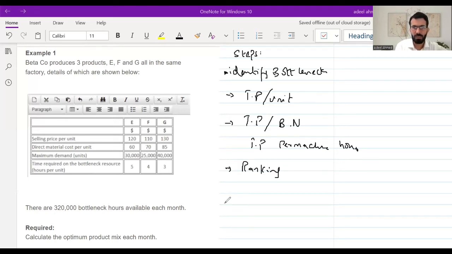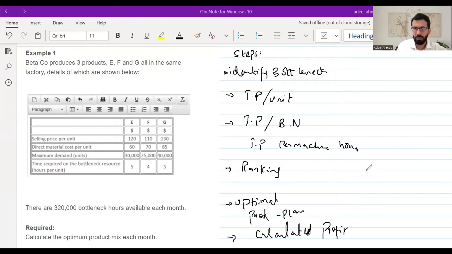Once the ranking is done, it would lead us to our optimal production plan, which is how many units of each product we should be producing to maximize our throughput. Based on that optimal production plan, we can also calculate our profitability.